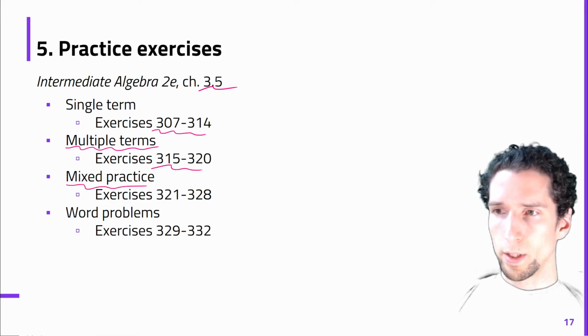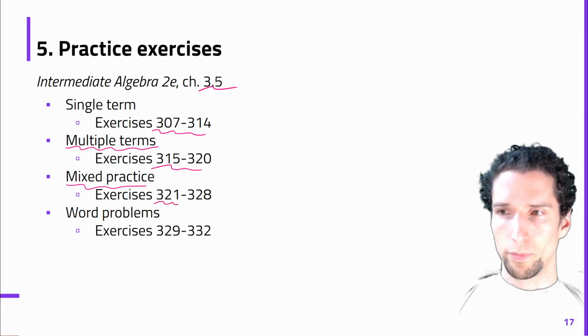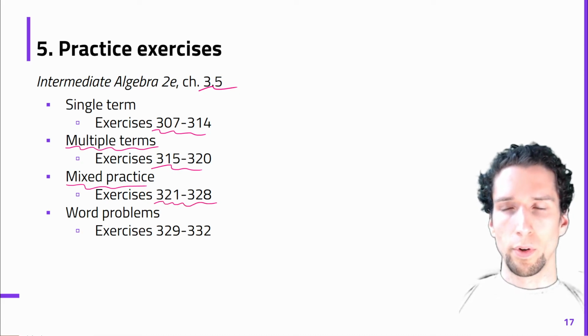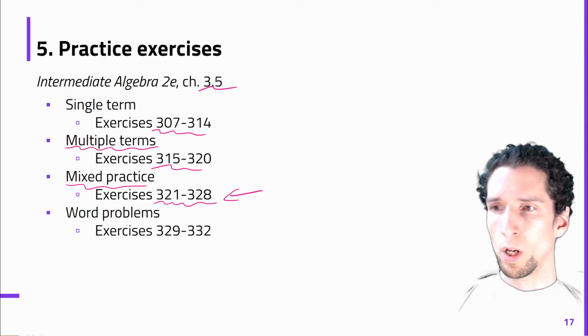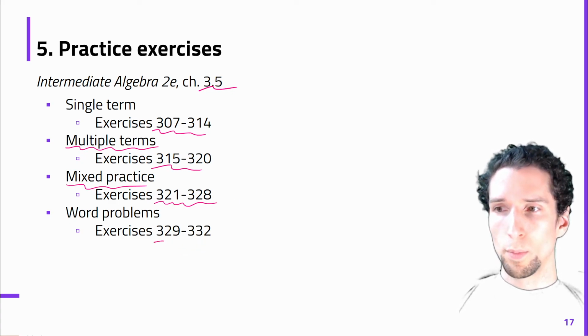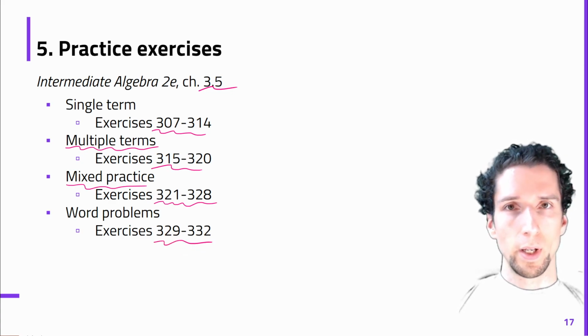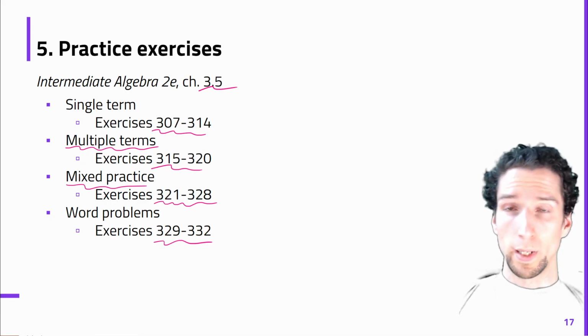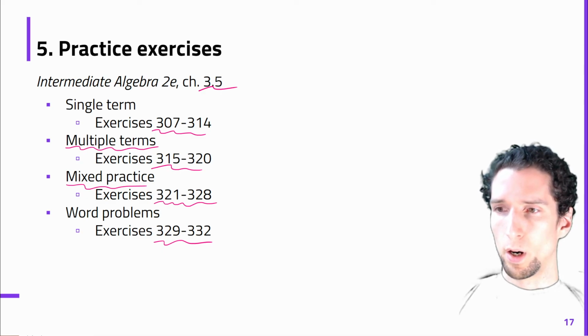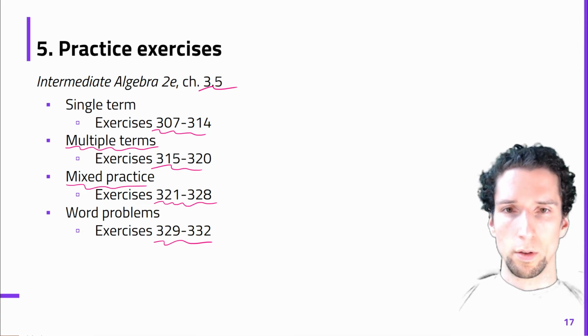Mixed practice, a bunch of different functions at different values, that's here. And then some word problems. Again, it's the first time we've done this in this program, but it's definitely important to be able to read. Those are here. Not too many of them, but a few. So get some practice with function notation there.